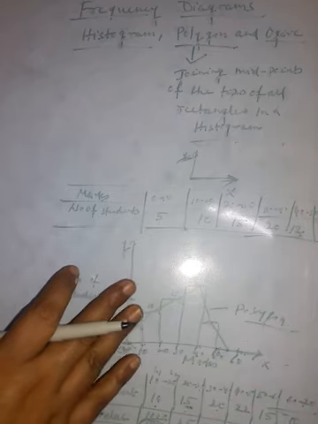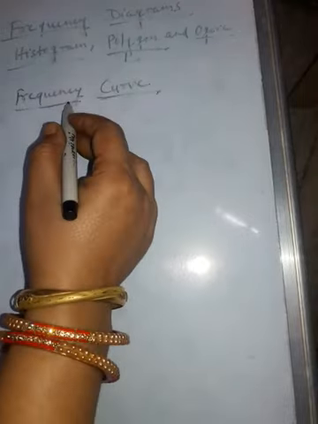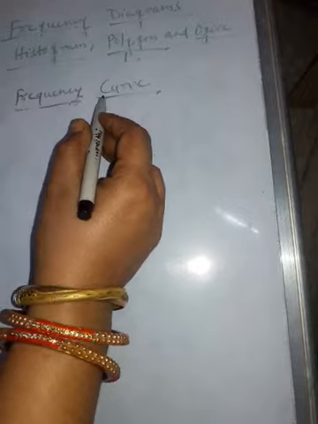Only one difference between frequency curve and polygon is, in frequency curve we draw a line with free hand, but in polygon we need to draw a line in a straight form. Okay, so I will draw a frequency curve here. Now, what is frequency curve? It is just a variant of polygon.